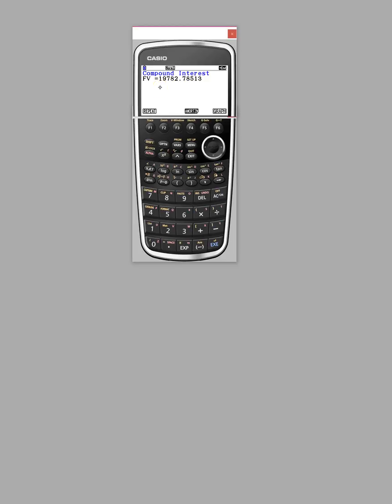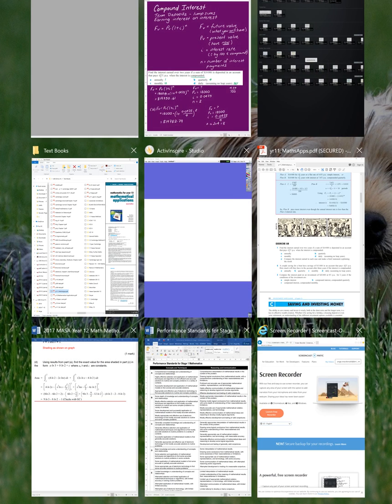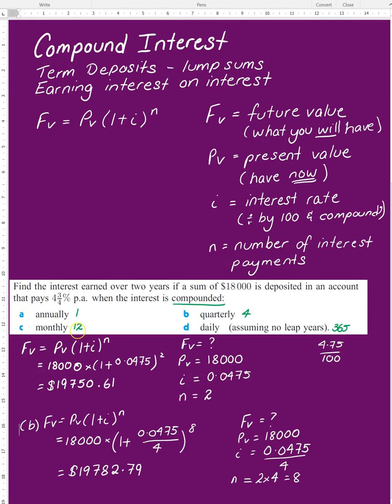Okay, so back over here, how will things change if it's now monthly? So I'm going to cheat a little bit here and just erase the bits and pieces. And we'll see how things change when we're doing C now. So with C, the thing that changes, future value we're still finding, present value is still the same.